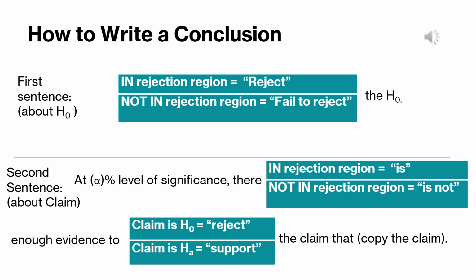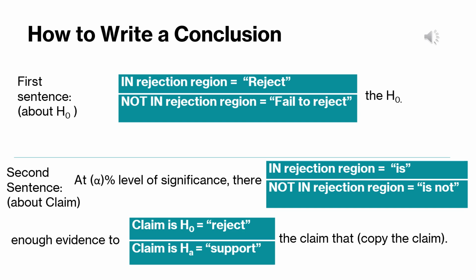And then there either is or is not enough evidence to, now the next part depends on whether or not your claim is the H0 or the Ha. If it's the H0, then there is or is not enough evidence to reject, and if it is the Ha, then there is or is not enough evidence to support the claim that, and then you just copy and paste the claim. So H0 is always about reject when you're talking about the second sentence, and Ha is always about support.